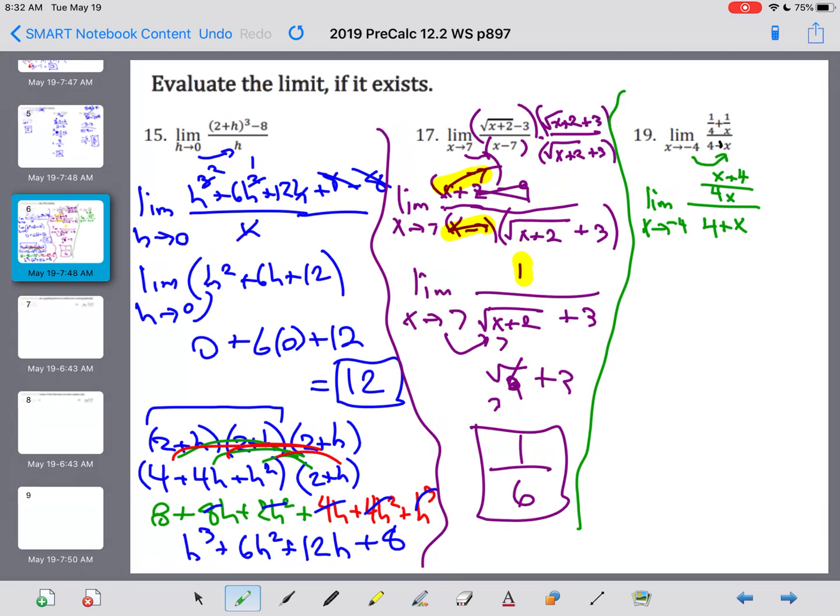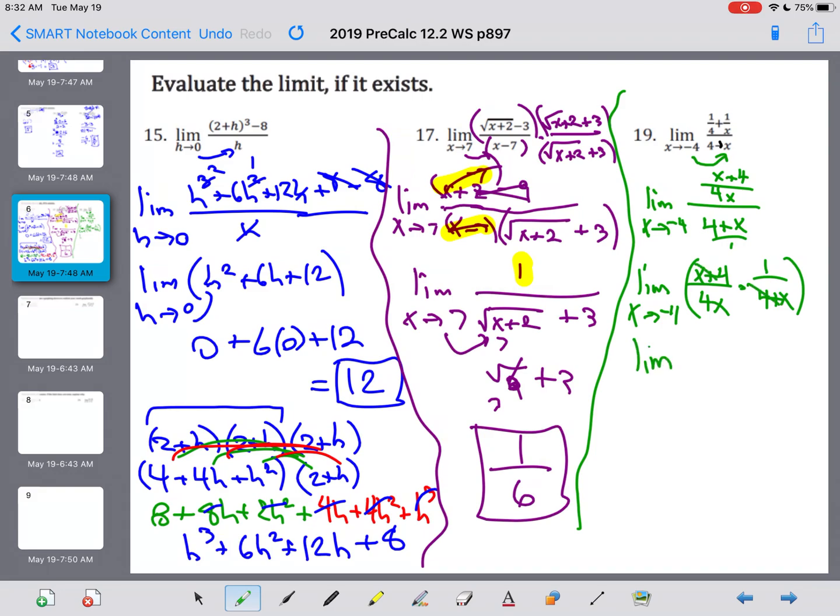Now, if I go ahead and multiply here, I'm going to get x plus 4 over 4x. I'm going to multiply by the reciprocal, so I get 1 over 4 plus x in here. So these cancel.